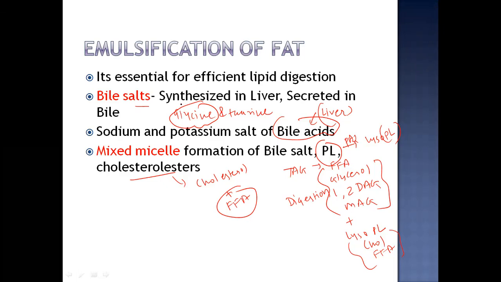Okay. So these bile salts along with this digested lipid, they will form a structure. That structure is known as the micelle. Okay, or commonly it is known as the mixed micelle because it is a mixture of so many things. So efficient lipid digestion requires micelle.